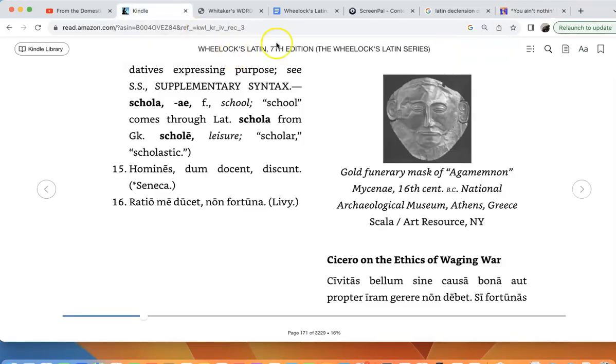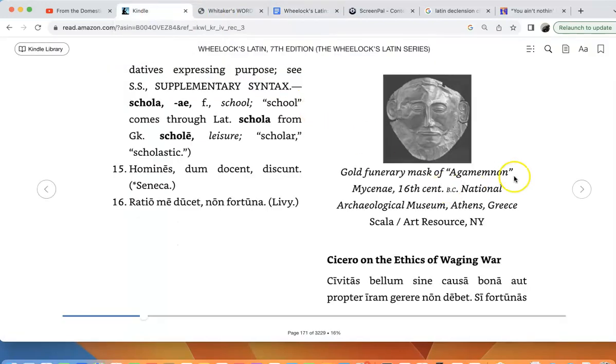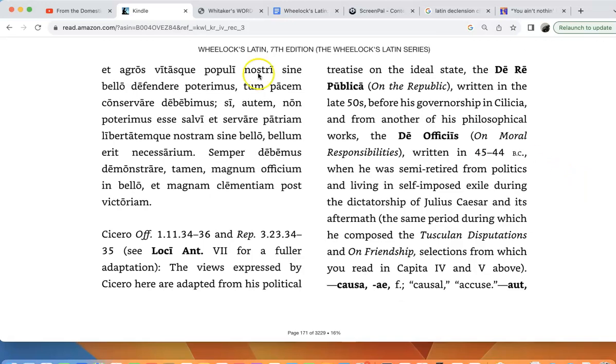All right, so then moving on here. Si fortunas. So if fortune, or it might be fortunes. Let me turn the page here and see how it's worked here. So, oh yeah, so it is fortunes.